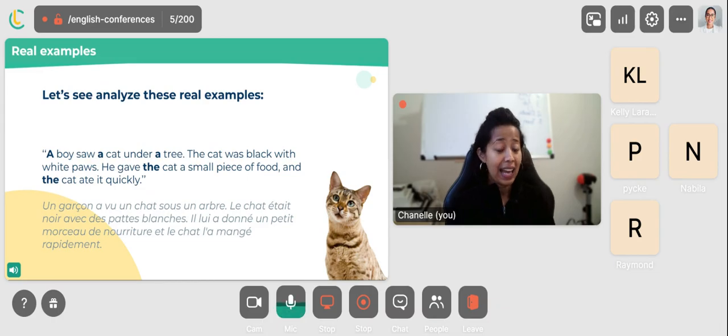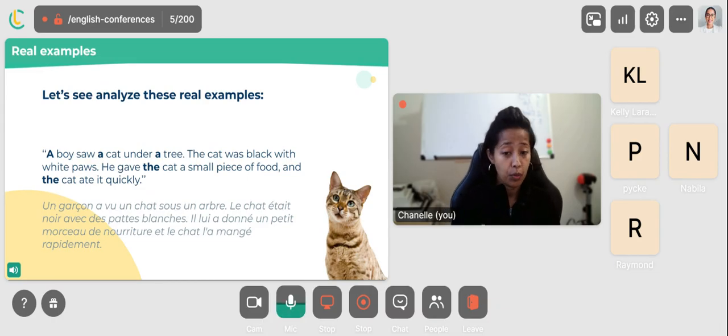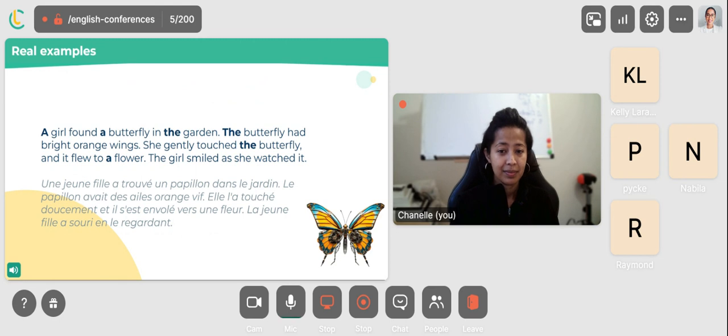He gave the cat a small piece of food, and the cat ate it quickly. A girl found a butterfly in the garden. The butterfly had bright orange wings. She gently touched the butterfly, and it flew to a flower. The girl smiled as she watched it.